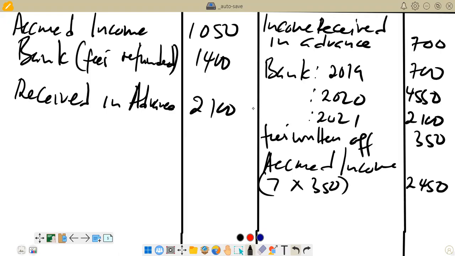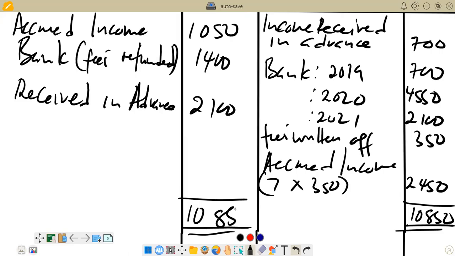Then we can now make our calculations in terms of balancing our subscription fees account. So if you add the total of the debit and the total of the credit, we see that the bigger total is on the credit side. So this is the one that is going to come in between the double lines. If you calculate correctly, the total of the credit is supposed to be 10,850, which is going to come on both sides.